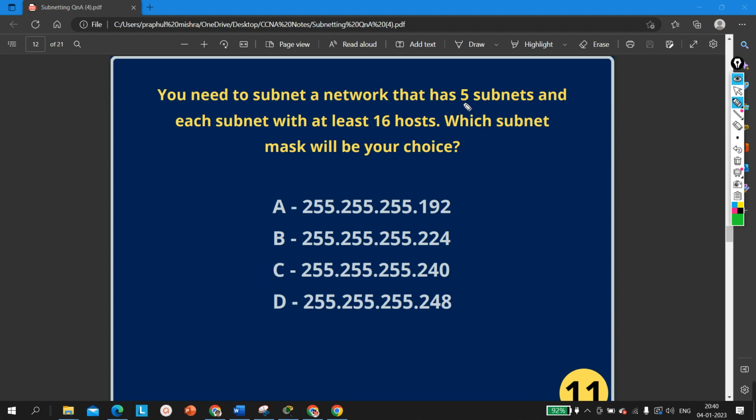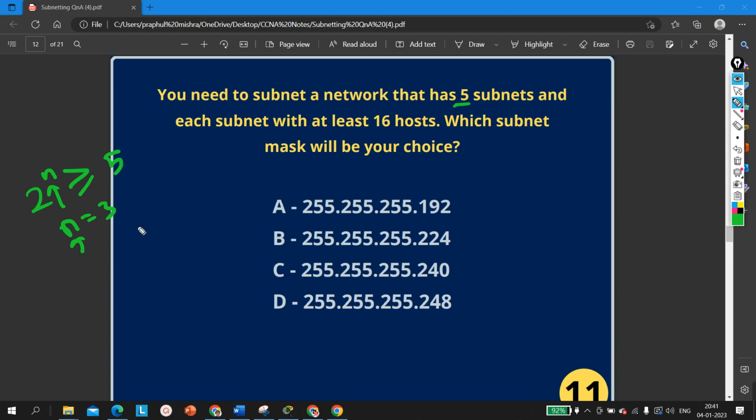See, how many networks do we need? 5 networks. The formula to calculate the number of networks is 2 to the power n, so 2 to the power n should be greater than or equal to 5 because we need at least 5 networks. So what should be the value of n? 3, right? And n is the number of network bits that you have borrowed from the host portion, shifted into host bits, right?